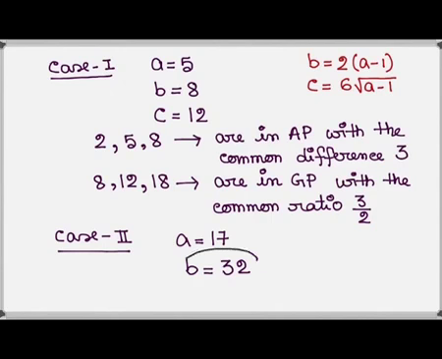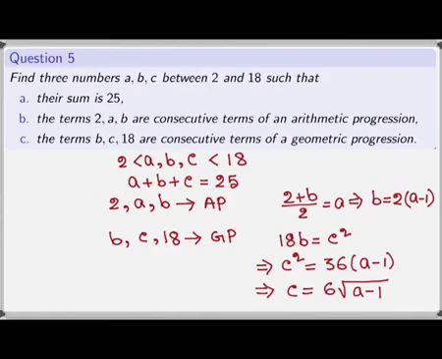This case is not possible, as this choice of A, B and respectively if we find out C, they fail to satisfy our first condition. So the answer of our question number 5 is A is equal to 5, B is equal to 8 and C is equal to 12.